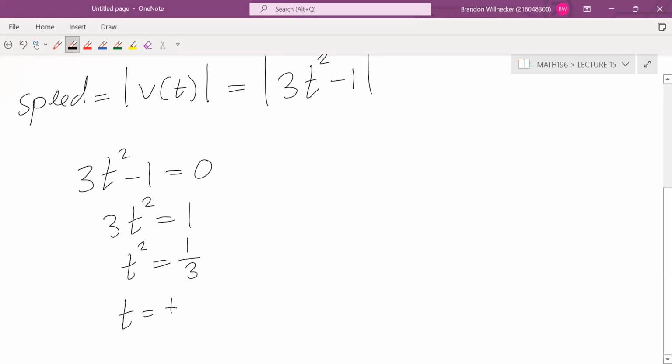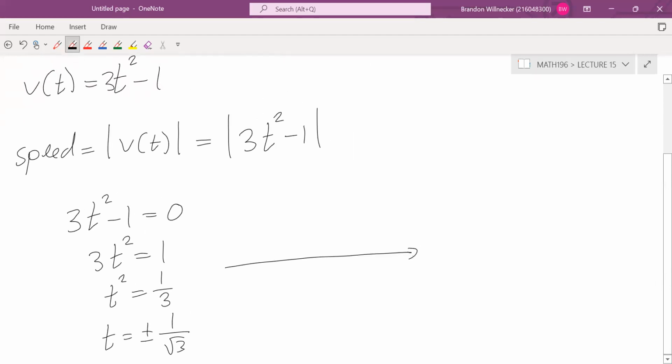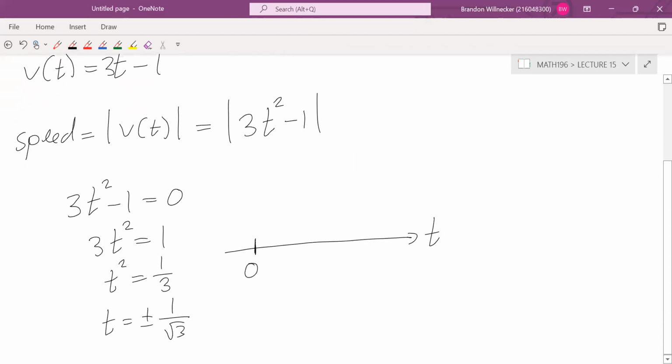So t is going to be plus or minus 1 over root 3. Okay, so if we look at the timeline, if we're starting at 0, between 0 and 1 over root 3, we know that this is going to be negative.